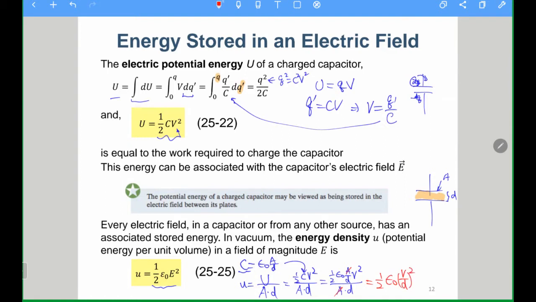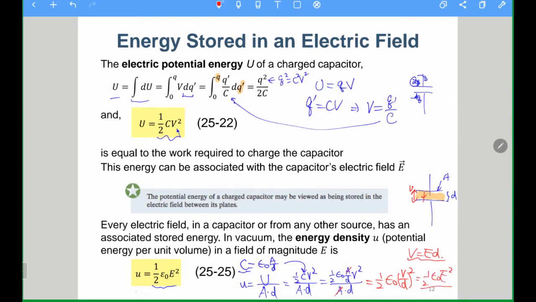Here, this is V between the two plates, and we also assume that the E field is uniform for the parallel plate capacitor. So V equals Ed, or V over d equals E. So we have 1/2 epsilon naught E squared.